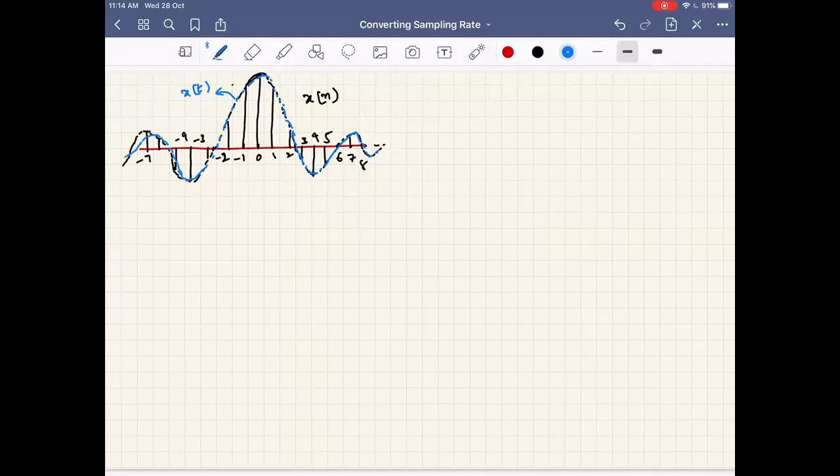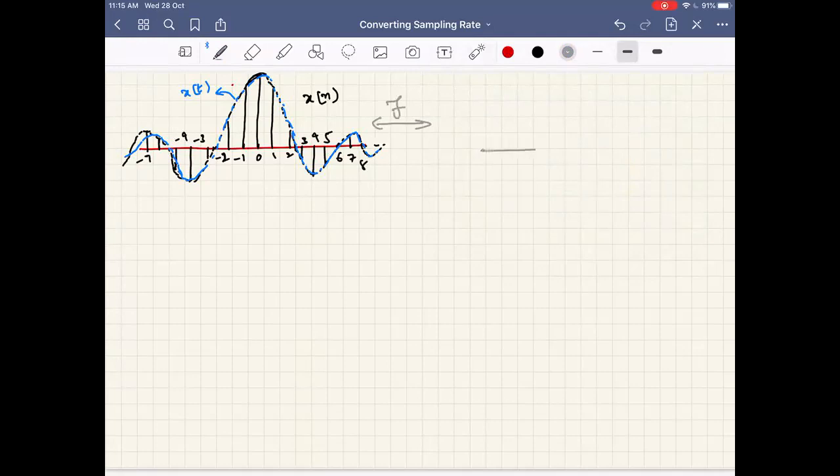This is a continuous time signal, x of t, and we have this x of n. Now see its spectrum in the frequency domain.